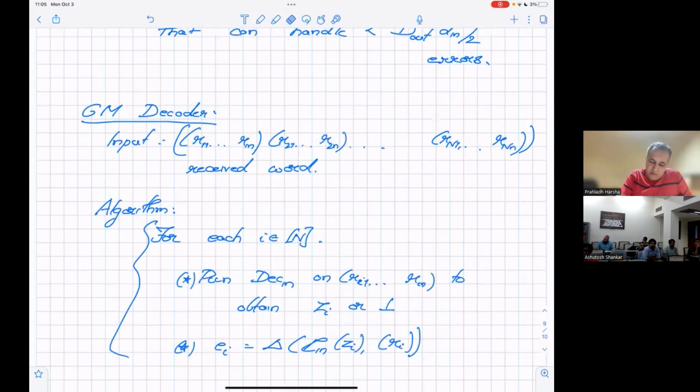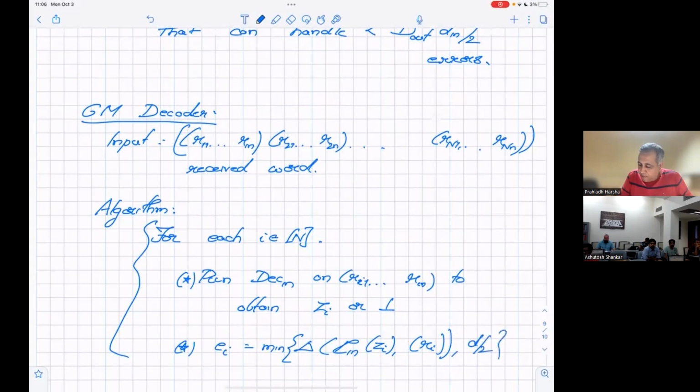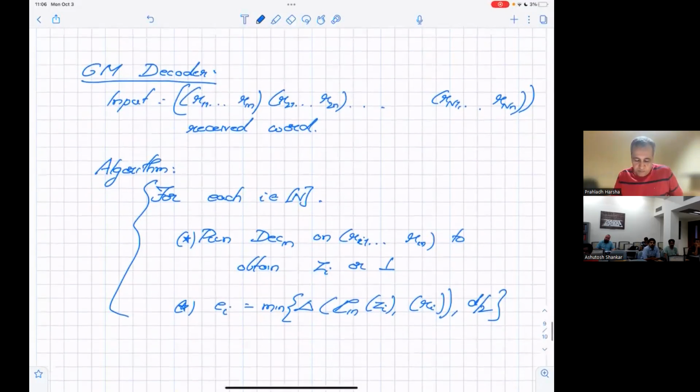Technically, E_i is not going to be just this. It's going to be the minimum of this and d by 2. So if it's bottom, I'm just going to define it to be d by 2.